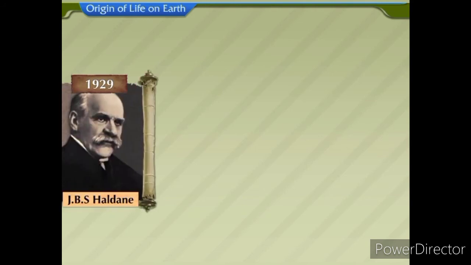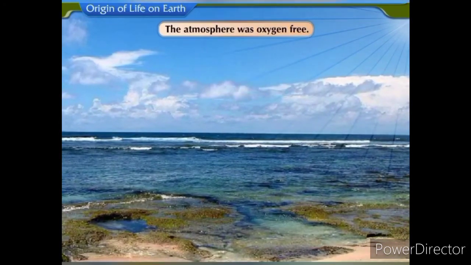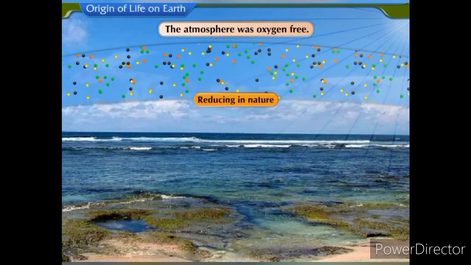In 1929, J.B.S. Haldane, a British scientist, proposed that the primitive sea served as a vast chemical laboratory powered by solar energy. The atmosphere was oxygen-free, that is, reducing in nature.